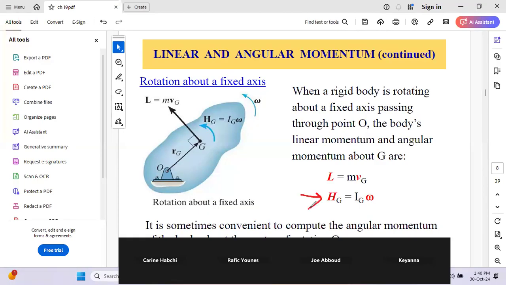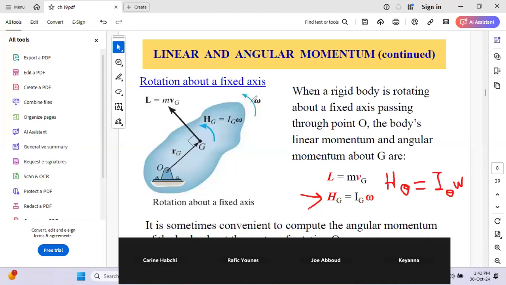But in addition to this, we can write H about O equals, as we demonstrated together in previous slides, IO omega. And you can demonstrate this from the parallel axis theorem, and here they considered the demonstration for you.